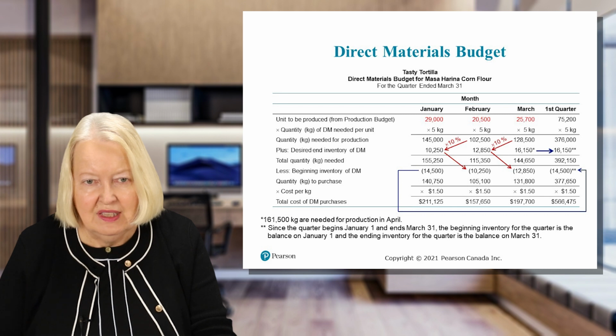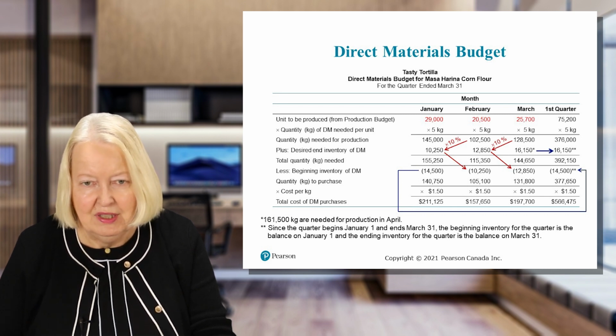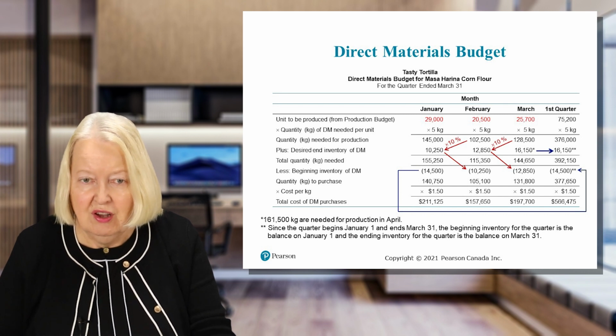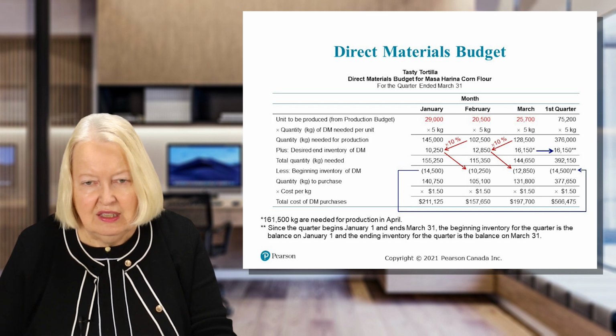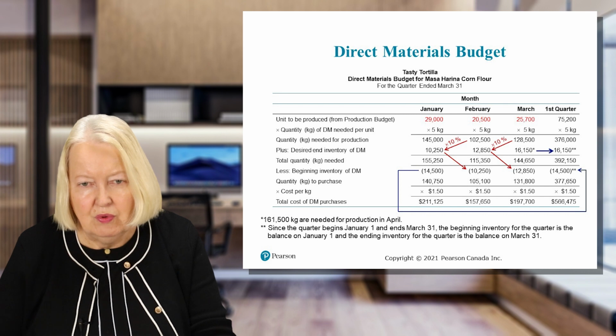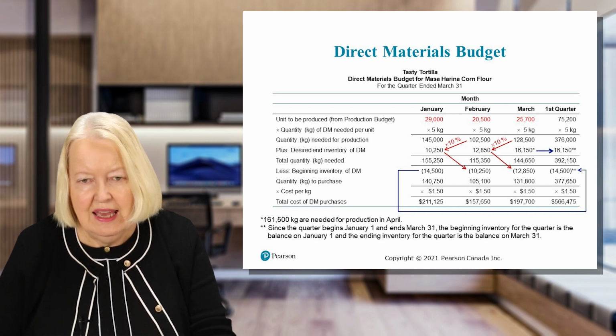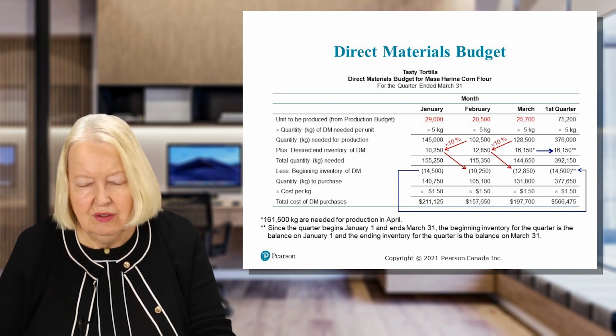But that's how much you need to have. But you don't need to necessarily buy that much because you started off at the beginning of the month with 14,500 units. So subtract that from the 155, and that gives you the amount that you need to buy, which is 140,750, and the cost per kilogram is $1.50.